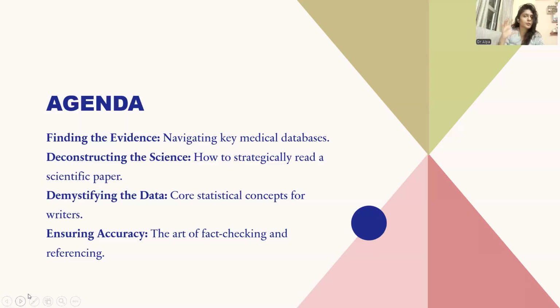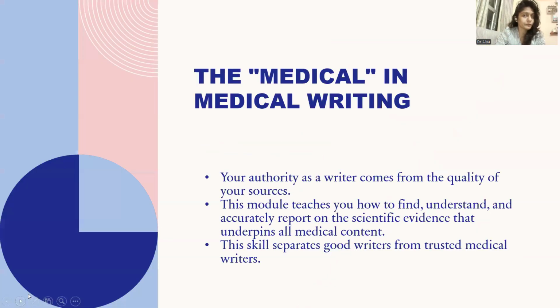Third, we will talk about the data, how to demystify it. And towards the end, we will talk about how important ensuring the accuracy of a research paper is. So everything that is going into a research paper needs to be referenced and supported with authentic scientific data, right?